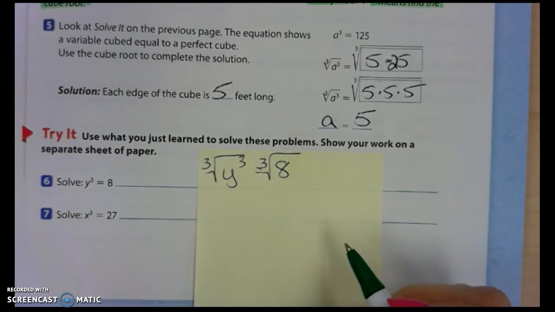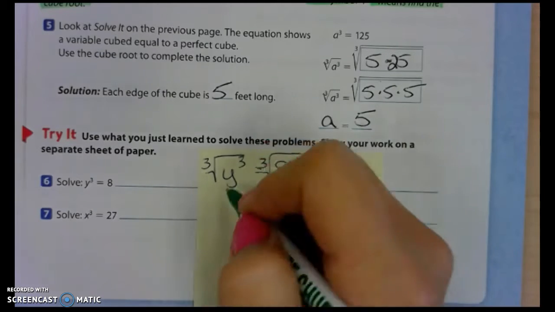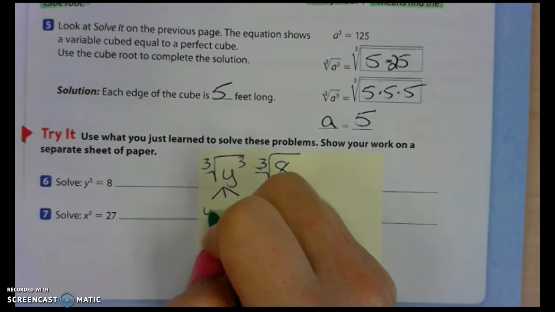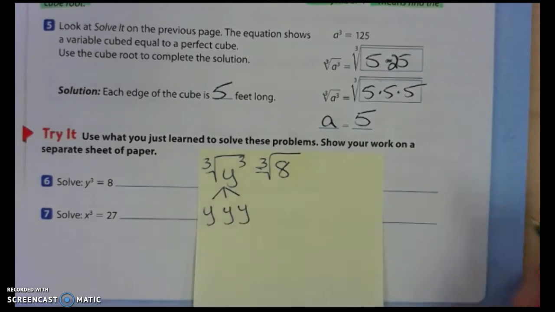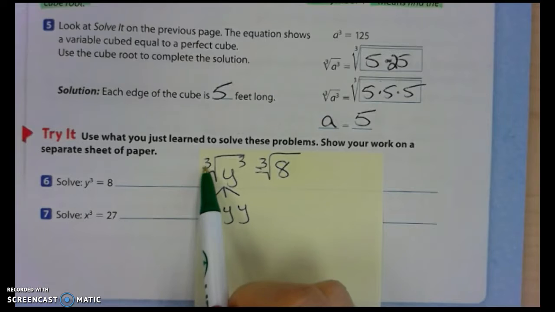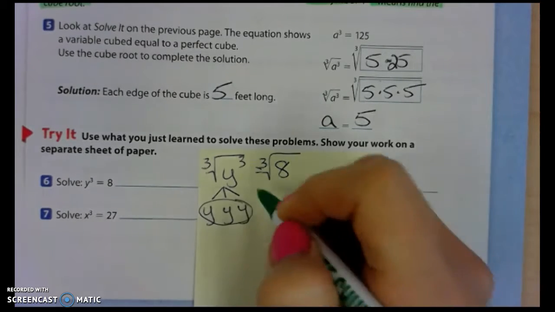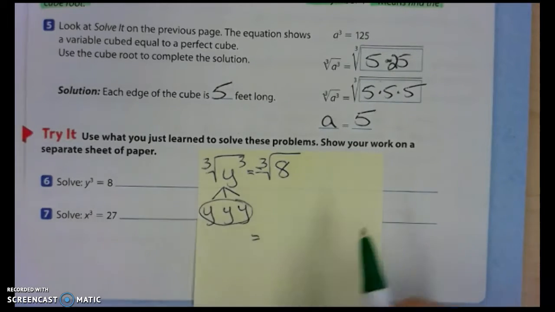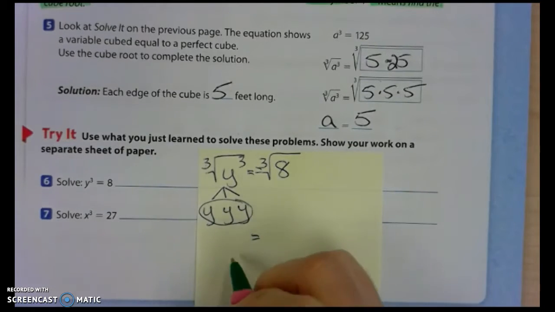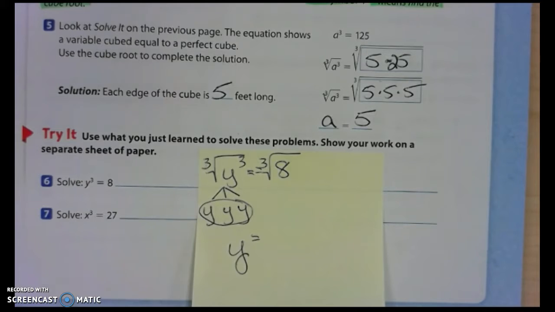Now, I want to show you this as a factor tree on both sides so you can see why the cube and the cube root cancel. If we factored out y to the third, we would have y times y times y. It takes 3 factors to factor out. There are exactly 3 y's. So the cube root of y to the third becomes y.